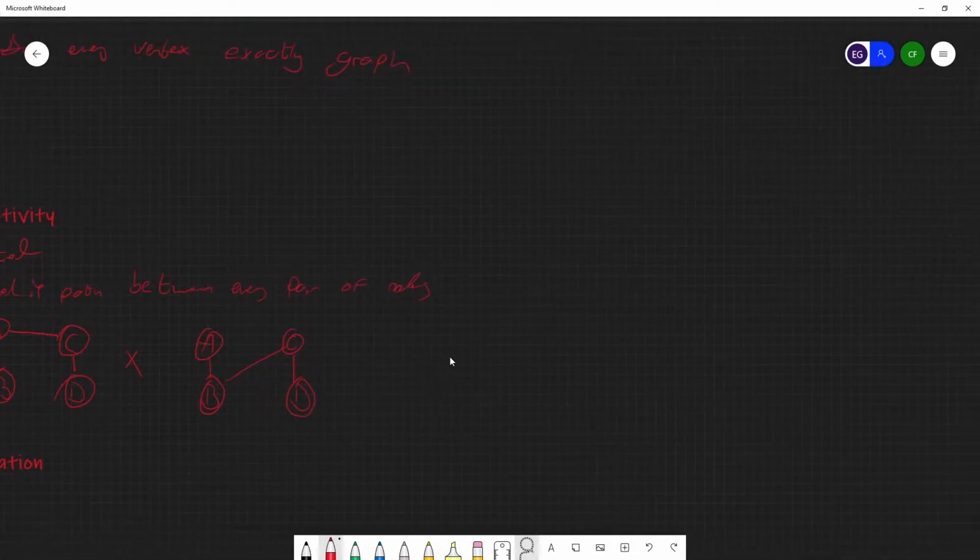For directed graphs, connectivity is a bit more specialized. So in digraphs, a digraph is weakly connected or strongly connected.